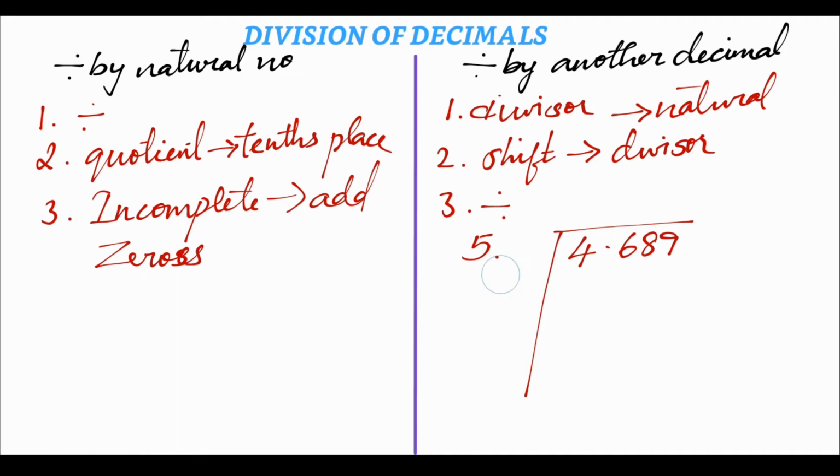So we have to take that point first, so it will become 53. And then add that decimal point by shifting this decimal point to the right. So here 4.689 will become 48.69.